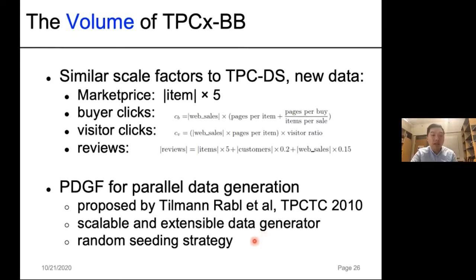It has a random seeding strategy, which assigns seeds to the tables, the columns, and the rows of a database schema, and thus makes it possible to generate data in parallel. In addition to PDGF, TPCx-BB also developed a separate review generation process for the unstructured data generation.